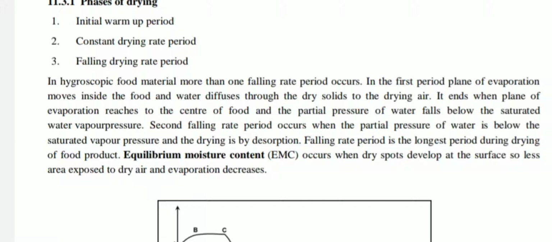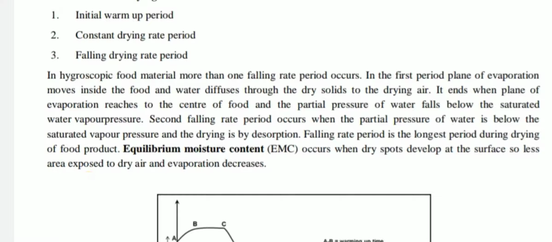In the first period, the plane of evaporation moves inside the food and water diffuses through the dry solid to the drying air. It ends when the plane of evaporation reaches the center of food and the partial pressure of water falls below the saturated water vapor pressure.